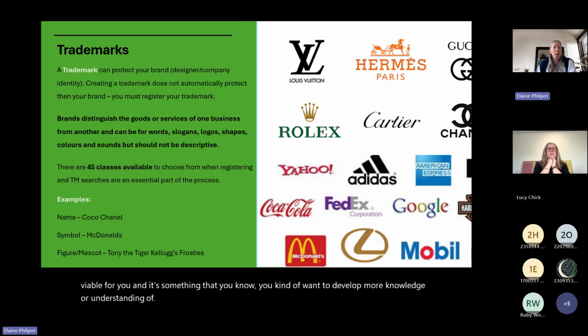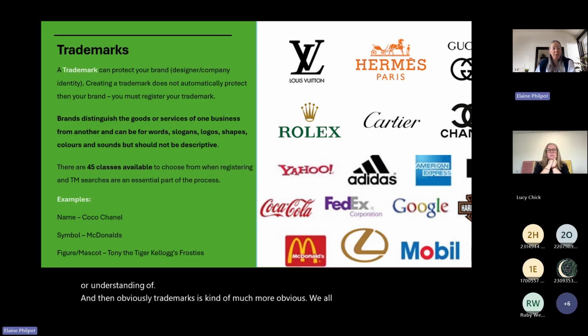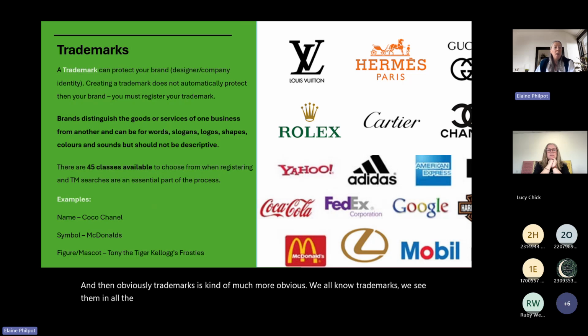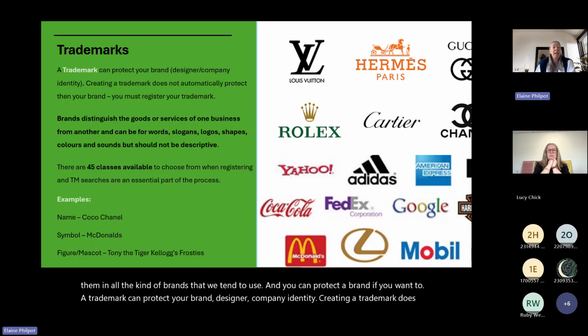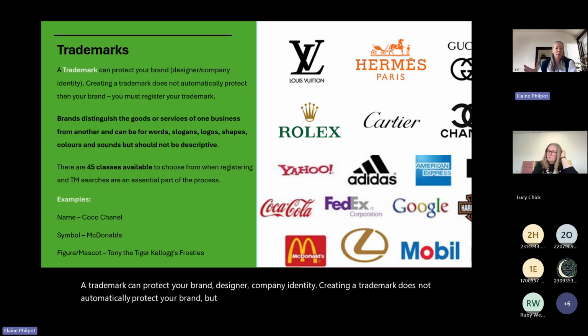And then obviously trademarks is much more obvious. We all know trademarks. We see them in all the brands that we tend to use. And you can protect a brand if you want to. A trademark can protect your brand, designer, company identity. Creating a trademark does not automatically protect your brand, but you must register the trademark.